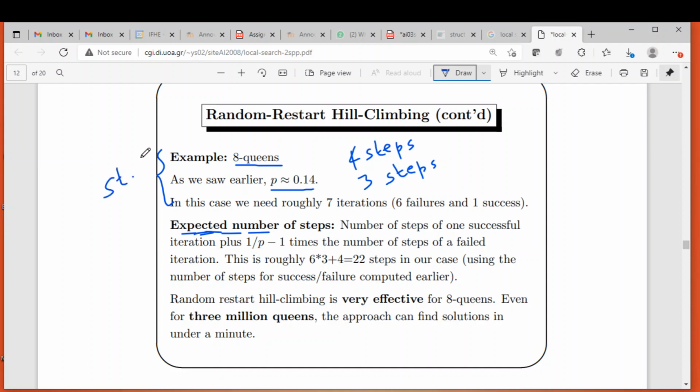But now if you solve the same problem using the random restart hill climbing algorithm, then this algorithm should be restarted several times. Then how can we measure the expected number of steps? That's what we are trying to understand. Whenever the algorithm gets stuck, on average it will take 3 steps. When it succeeds, it will take 4 steps.